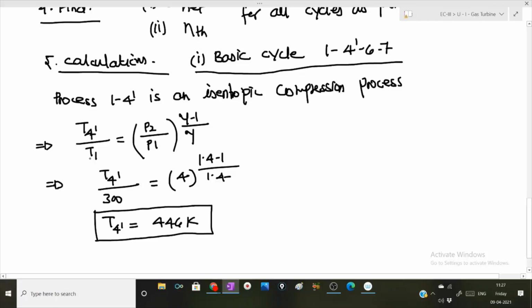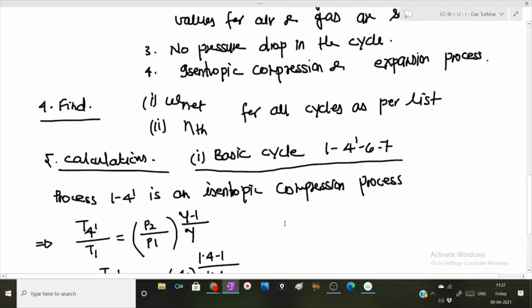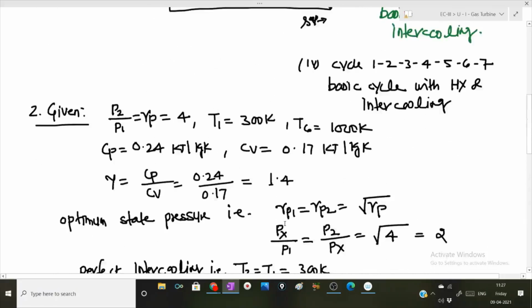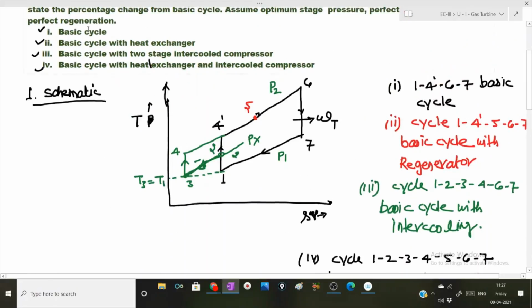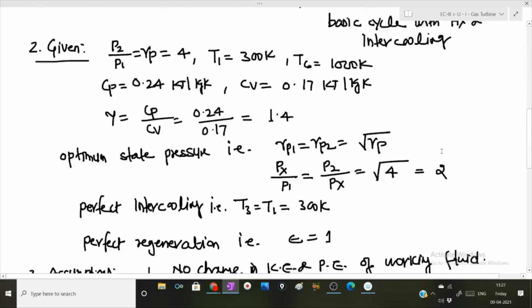So T1 is known to me, T4' is known to me, and T6 is known to me. Let us calculate T7. Now in order to calculate T7, we have to consider the isentropic expansion process 6-7, which happens to be the process in the turbine.